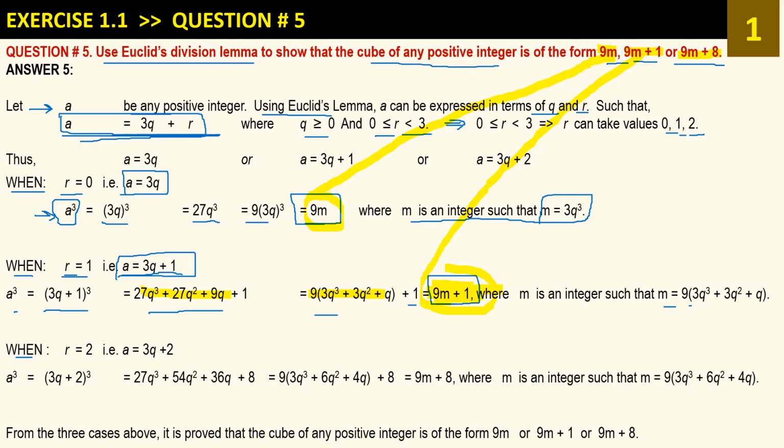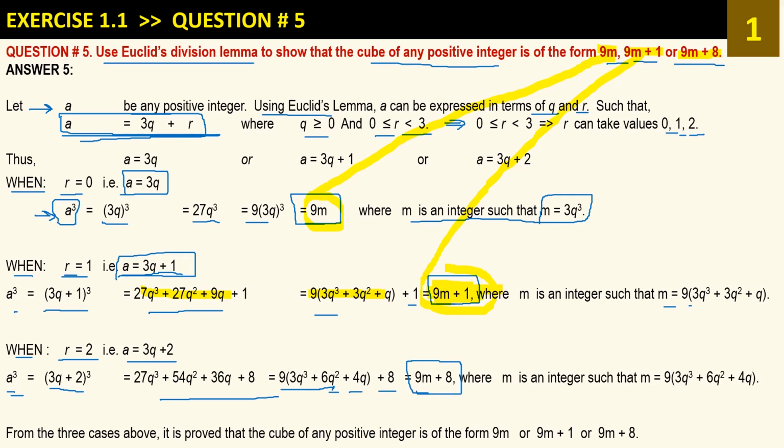So let's go to the third scenario where r is equal to 2, and in that situation a will be equal to 3q plus 2. Then a cube will be (3q plus 2) whole cube, and this can be further decomposed and shown in the form of 9 times (3q cube plus 6q square plus 4q) plus 8, which is equal to 9m plus 8.